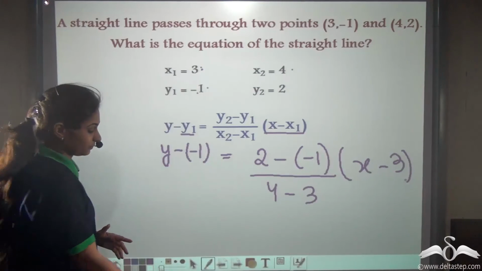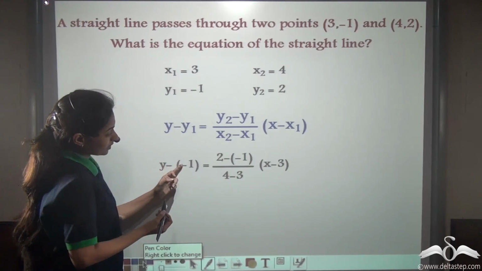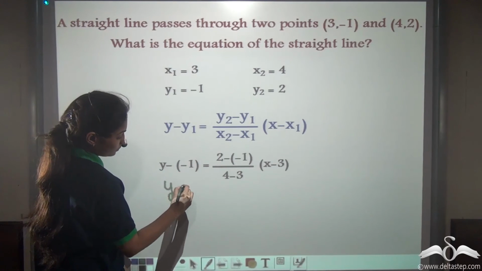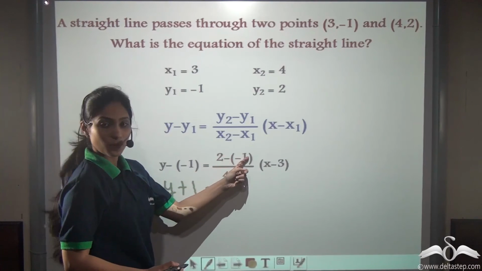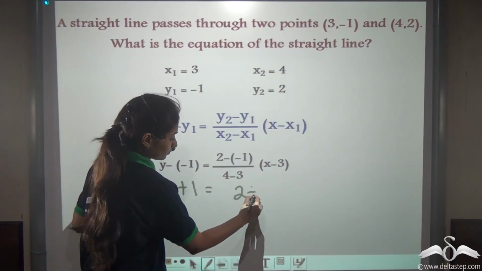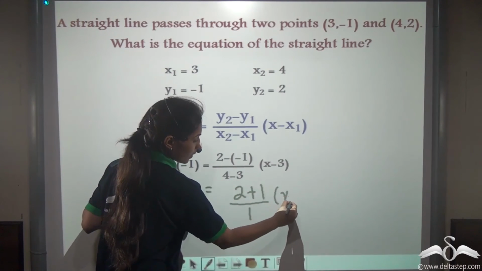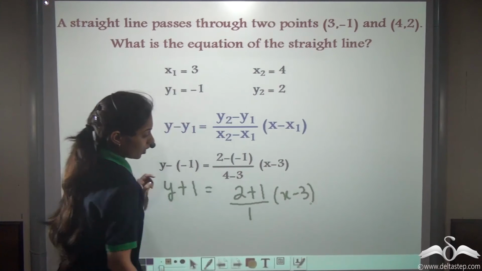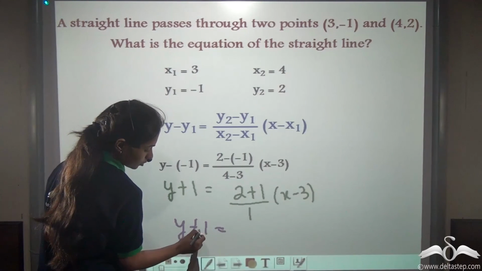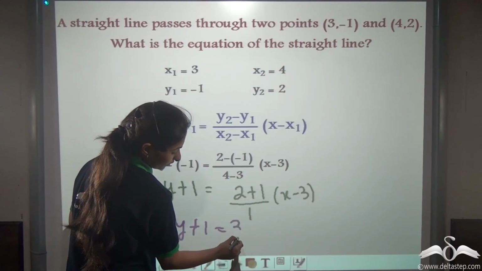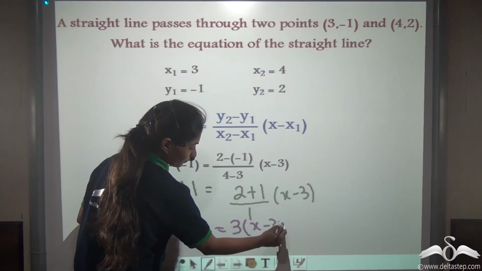Now solve this. y minus minus 1, that is y plus 1, is equal to 2 minus minus 1, that is 2 plus 1, by 4 minus 3 is 1, x minus 3. Now this can be written as y plus 1 is equal to 2 plus 1, 3, and 3 by 1 is 3, x minus 3.